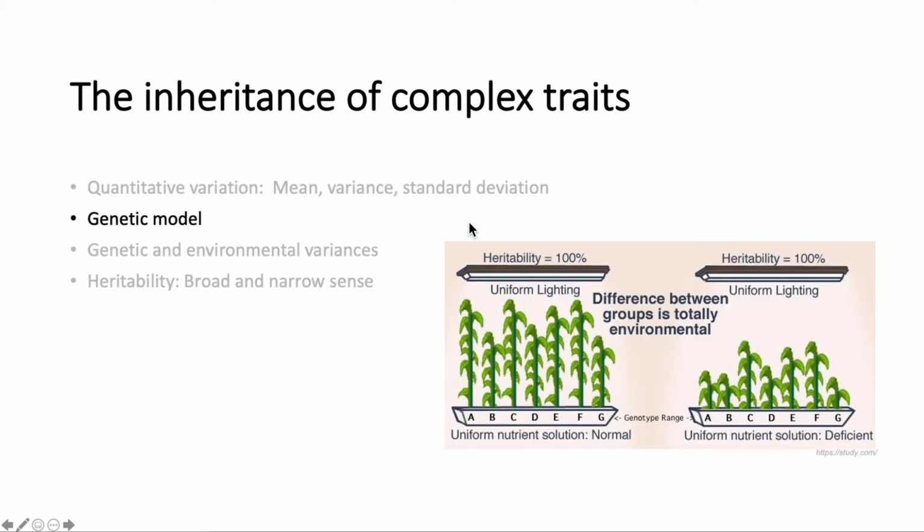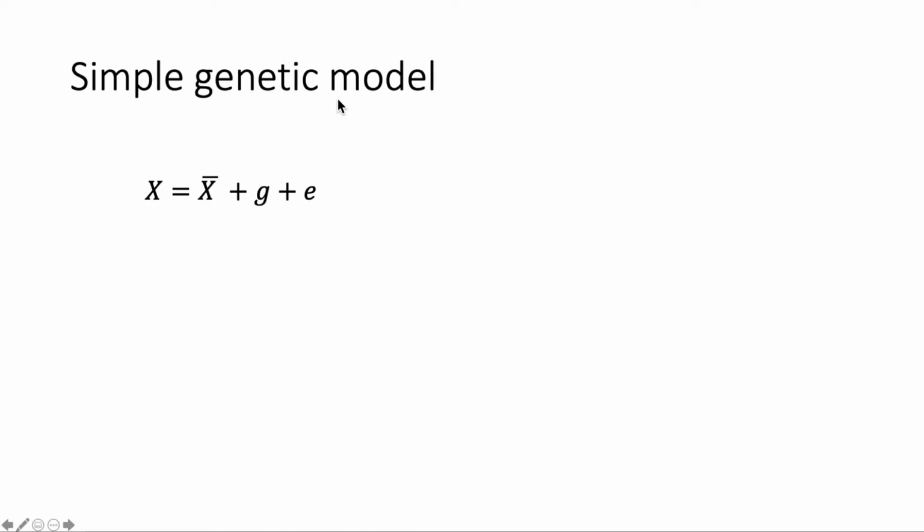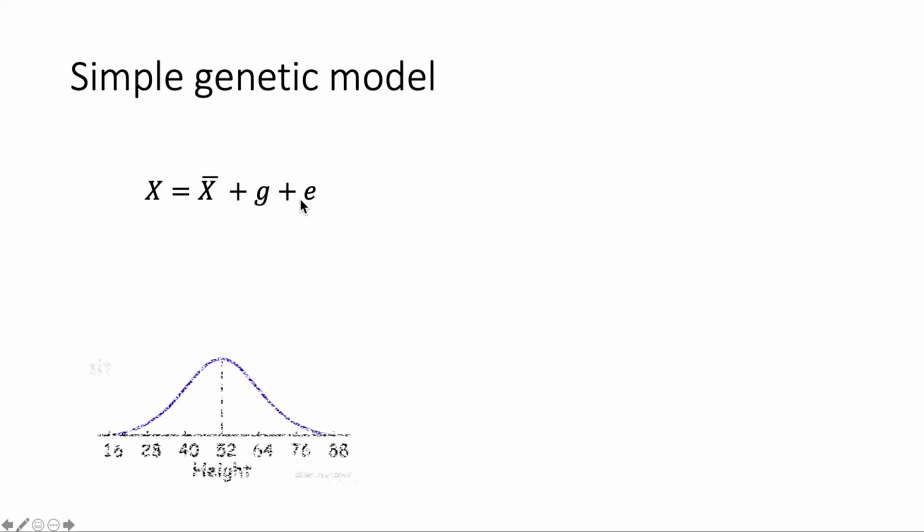And now we can talk about the genetic model. This is the simplest genetic model: the phenotype is equal to the population mean plus the genotype plus the environment.